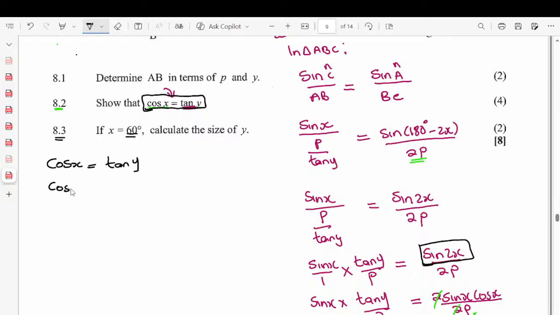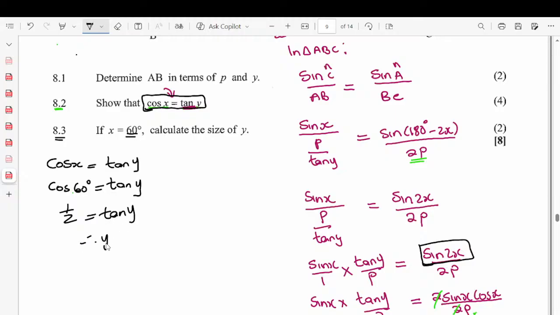So this will be cos of 60 degrees, it's equal to tan y. We need to punch cos 60 on the calculator, and I think it's half. Let me just verify. Cos of 60 is half. So 1/2 is equal to tan y.